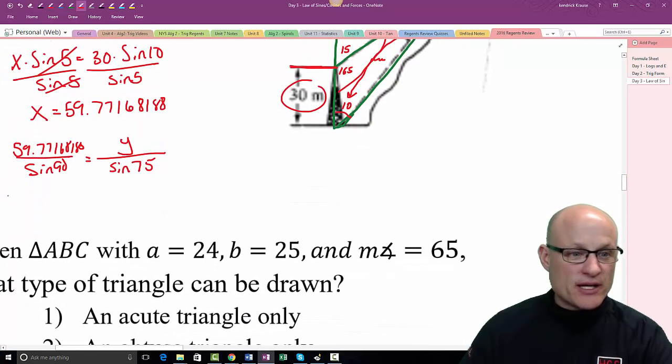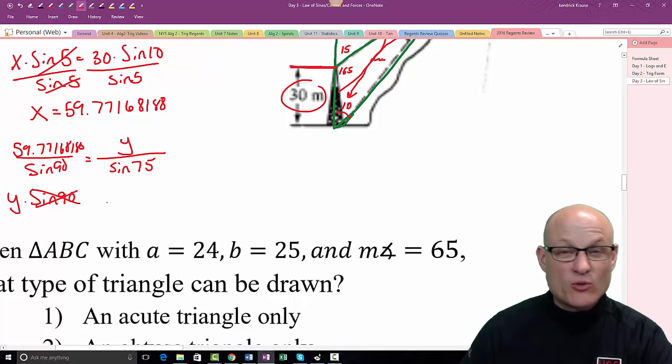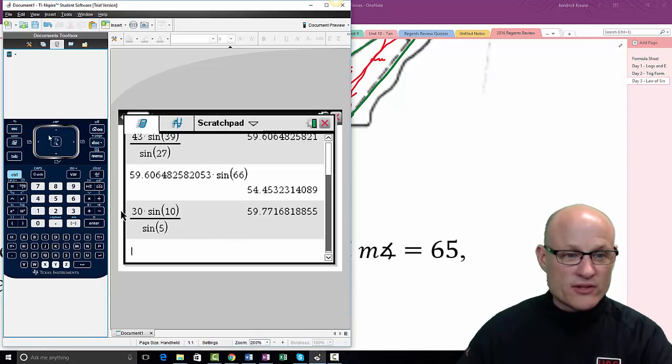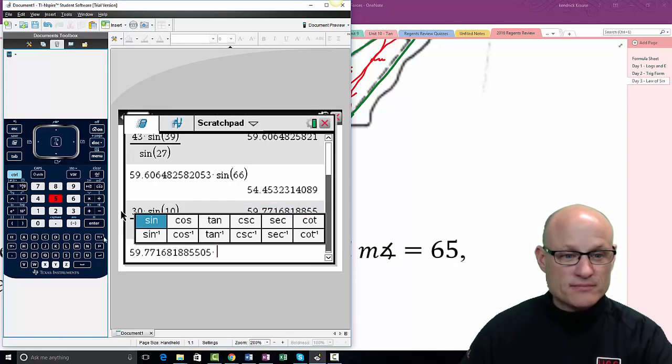All right, cross multiply. I get y times the sine of 90. Wait a second. The sine of 90 is just 1, so I don't really need that. Is equal to 59.77168188 times the sine of 75. Put that in my calculator. So it's this thing times the sine of 75.